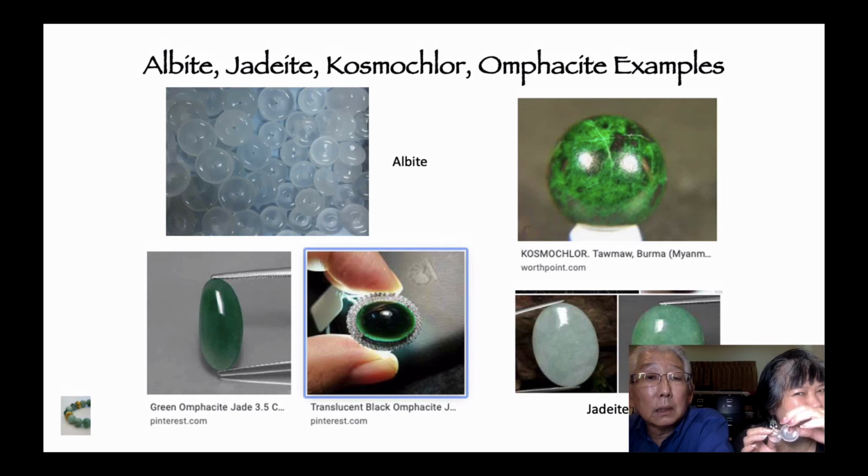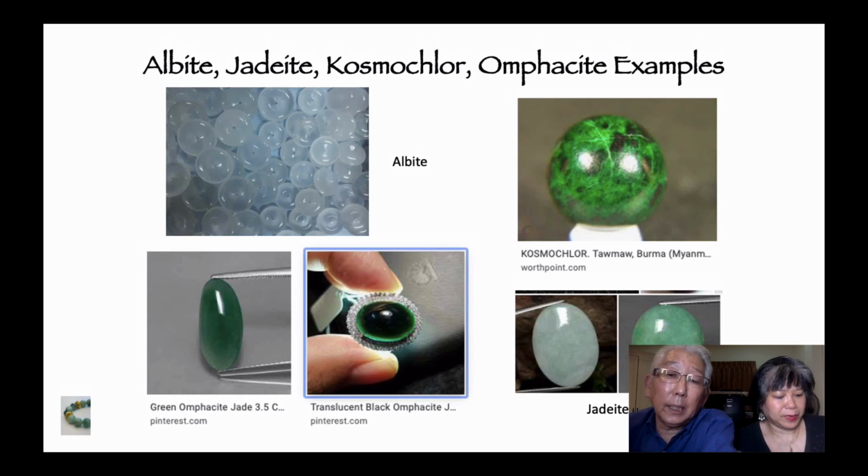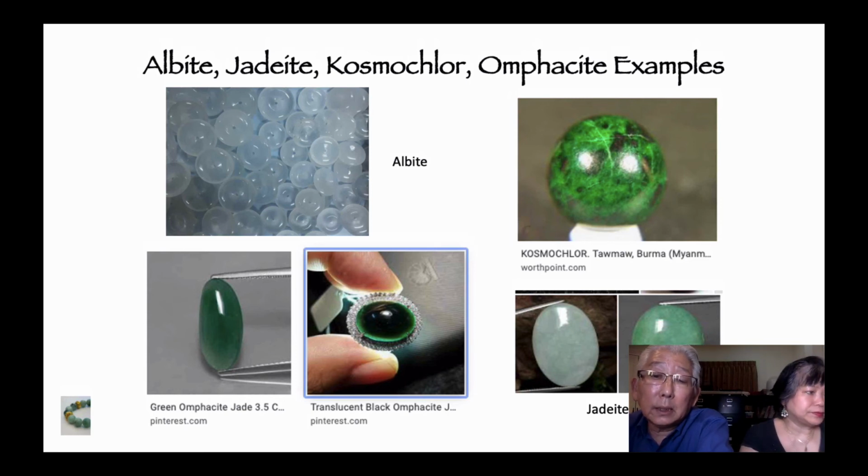You're not sure. If you're not sure, it probably isn't. Look at the lower right-hand corner, you have jadeite. It's a white jadeite. And the upper left-hand corner, you have albite. It's just something that people have to watch out for.